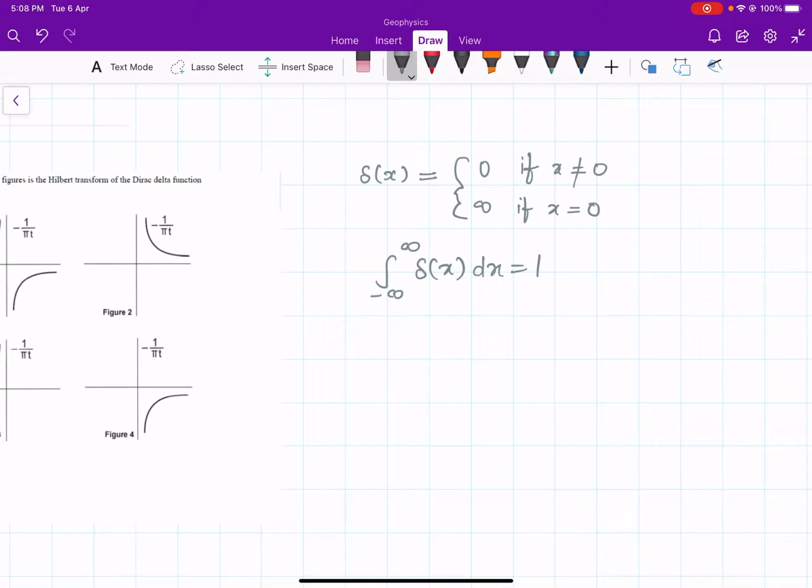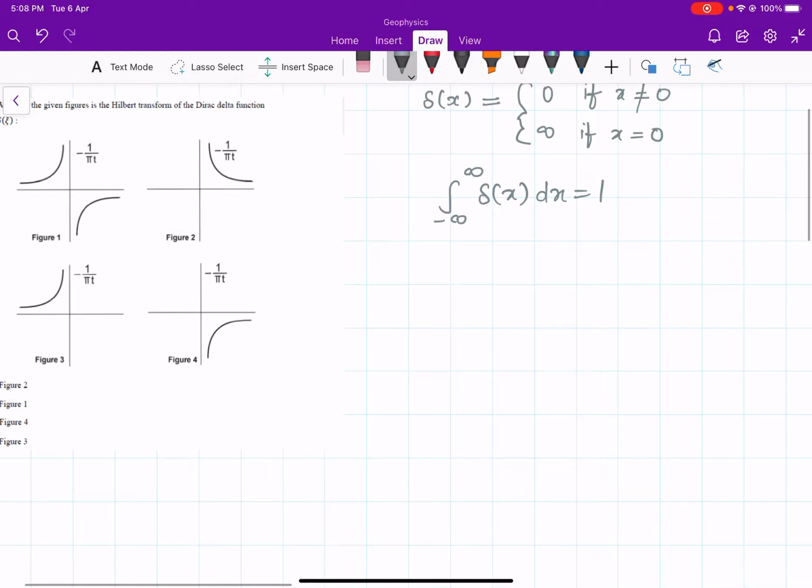Now moving towards the Hilbert transformation. Consider f(t) as a function for which we have to find the Hilbert transformation.